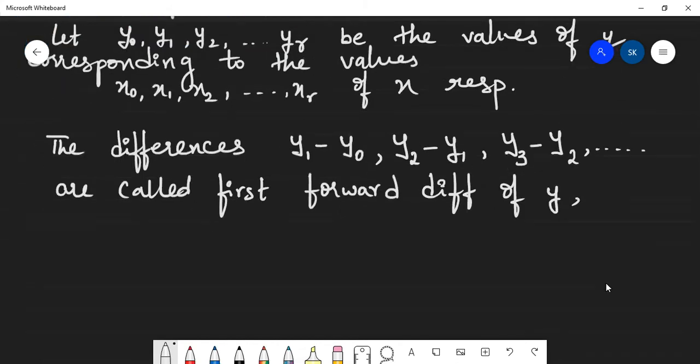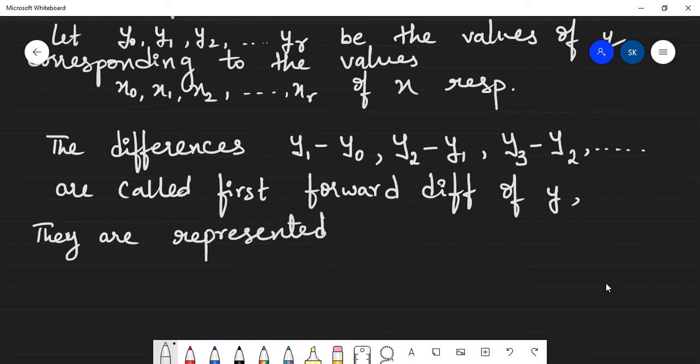How are they represented? This is called forward delta. The first term is represented as forward delta y0.